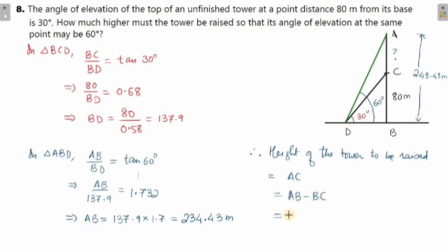So AB is 234.43 minus BC, which is 80. Let's subtract: 0.43 is there, 4 minus 0 is 4, 13 minus 8 is 5, so we have 1 left. That means the tower has to be raised by 154.43 meters. Alright, I hope this was clear to you.